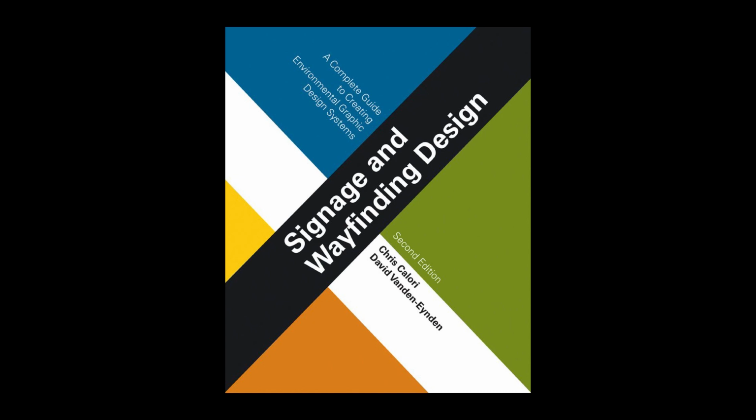Figure 3.3 represents the graphic system component of the signage pyramid. The hardware system. The hardware system is the collection of three-dimensional physical sign objects that display the sign information as encoded by the sign graphics.